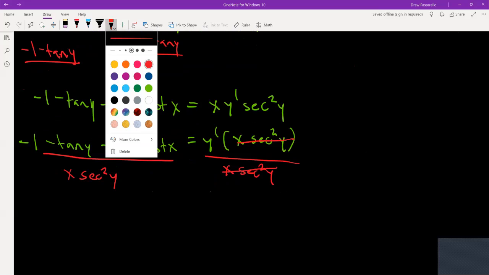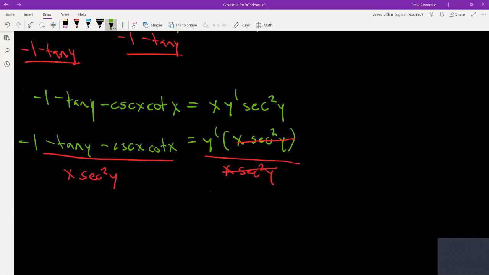So we will have y prime. I know it's on the right side, but I'm going to go ahead and just write it on the left side. It's equal to negative 1 minus tangent y minus cosecant cotangent over x secant squared of y.